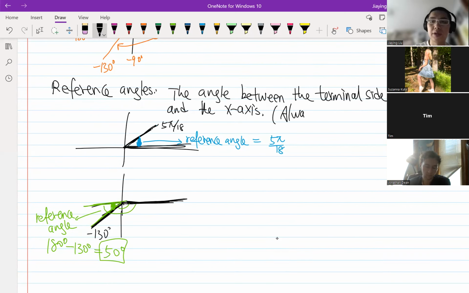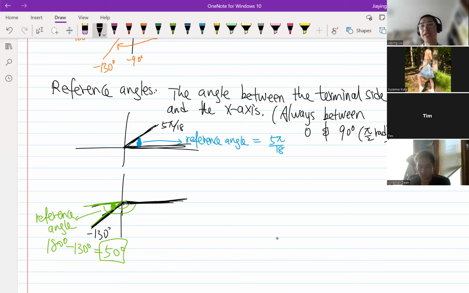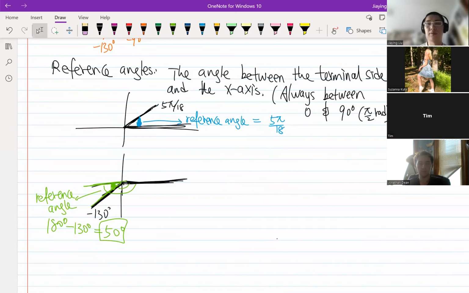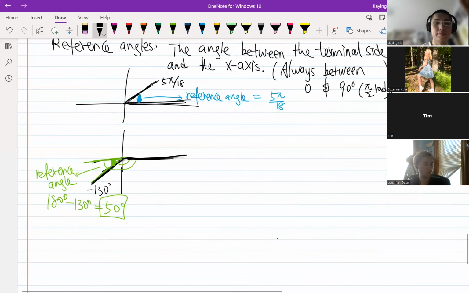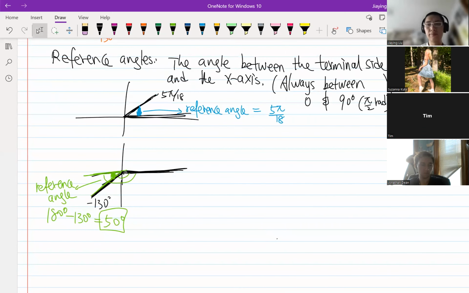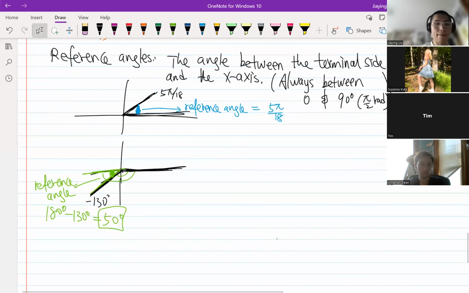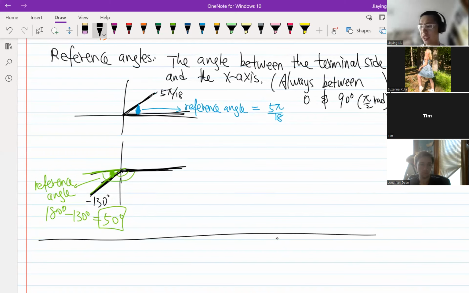So always between 0 and 90 degrees, pi over 2 radians. The reference angle is not going to be more than 90 degrees. So that's a reference angle.